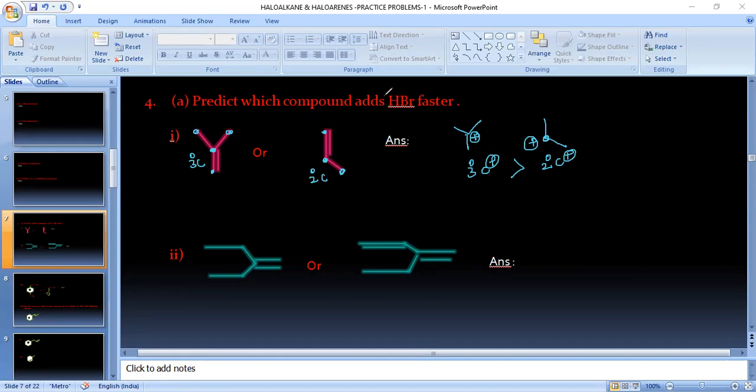So which one is that faster? This one. Okay. మళ్ళీసారి చెప్తున్నాను ఏంటిది అది మోర్ స్టేబుల్ కార్బోకాటయాన్ దిస్ వన్, more stable carbocation. The 3-degree carbocation is more stable than the 2-degree carbocation, and the 2-degree carbocation is more stable than the primary, like that. So more stable carbocation can easily form and can add that HBr fast. And దీనికి ఆన్సర్ ఏమని రాసుకోవచ్చు like this.